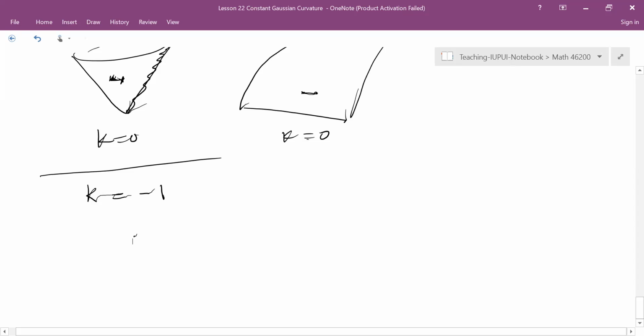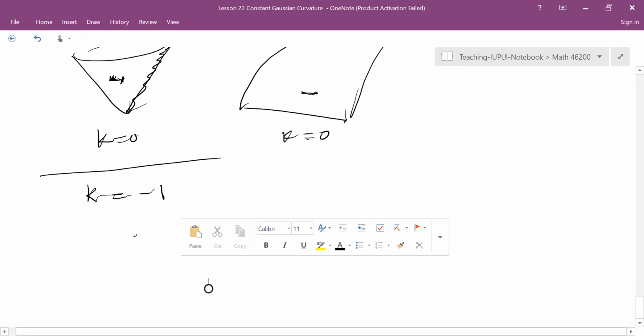Similarly, maybe a negative curved three-dimensional universe can be constructed in a high-dimensional space. Okay, you can see it. All right, so k equals -1. I'm just interested in a special solution.